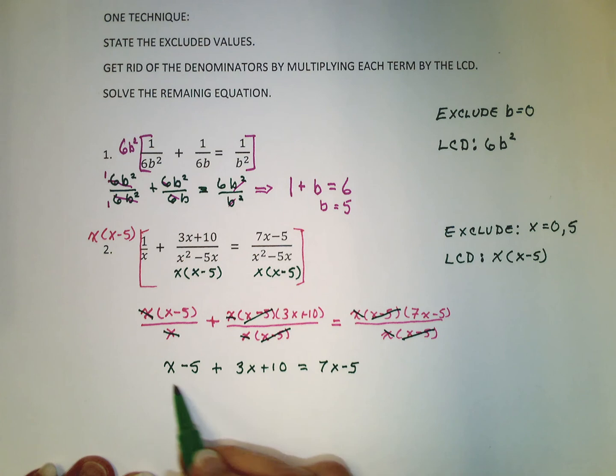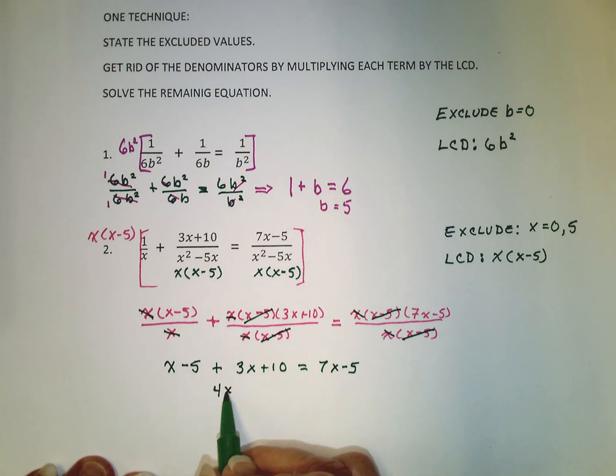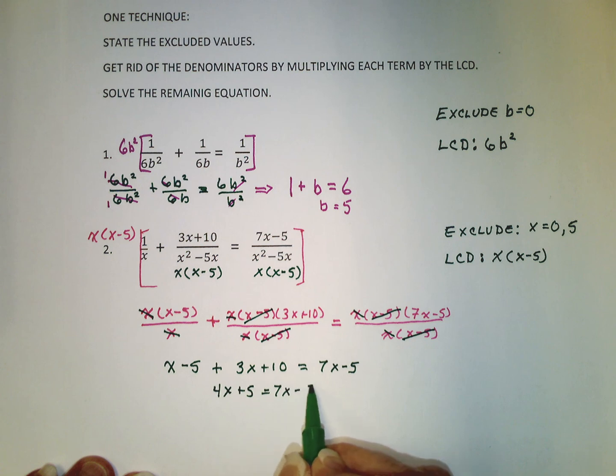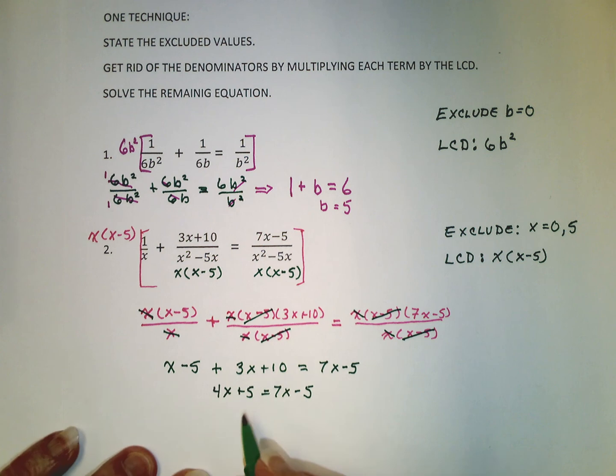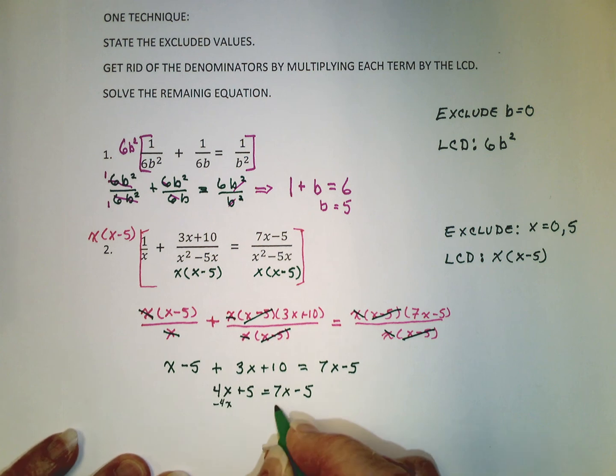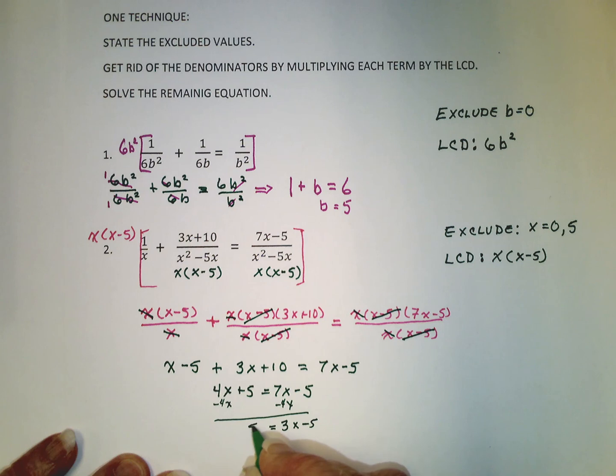So we just do the algebra. We have 4x plus 5. It's got to equal 7x minus 5. And I don't know how you want to go from there. I'm going to subtract 4x from both sides. This is not usually the way I do it, but... And then add 5.